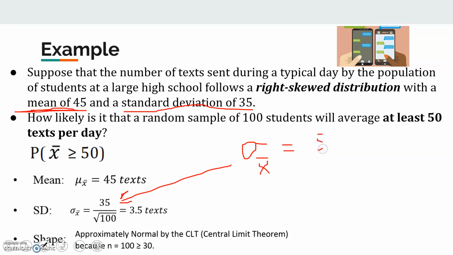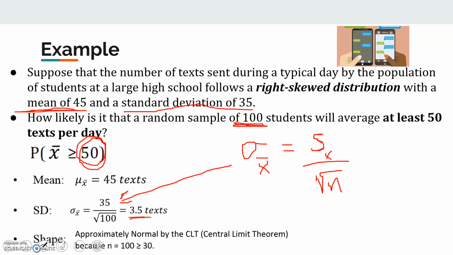It's your population standard deviation divided by radical n. So that's where these numbers are coming from. So you take 35 and you divide it by radical 100. Remember, there's going to be a lot less variability for 100 students than there is for 1. So you're going to have a much smaller standard deviation than you would for your population. So our SD is 3.5.